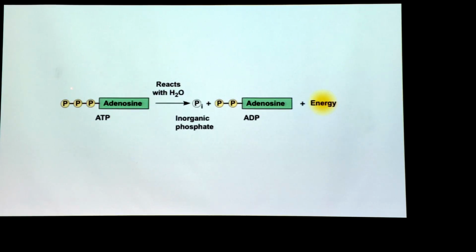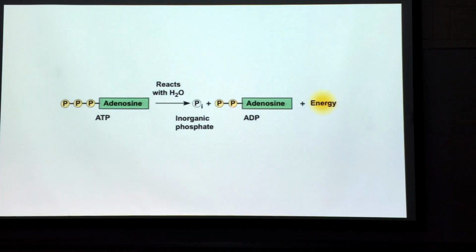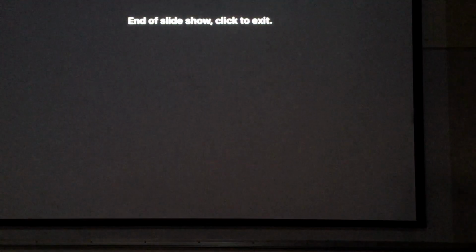And if you break the bond between any of the two, you get out a little bit of energy, and you can use that energy for something else. This is ATP, and if you break a bond, what's left over is adenosine diphosphate, and if you break it again, you'll have adenosine monophosphate, and so on. And that concludes the first chapter.